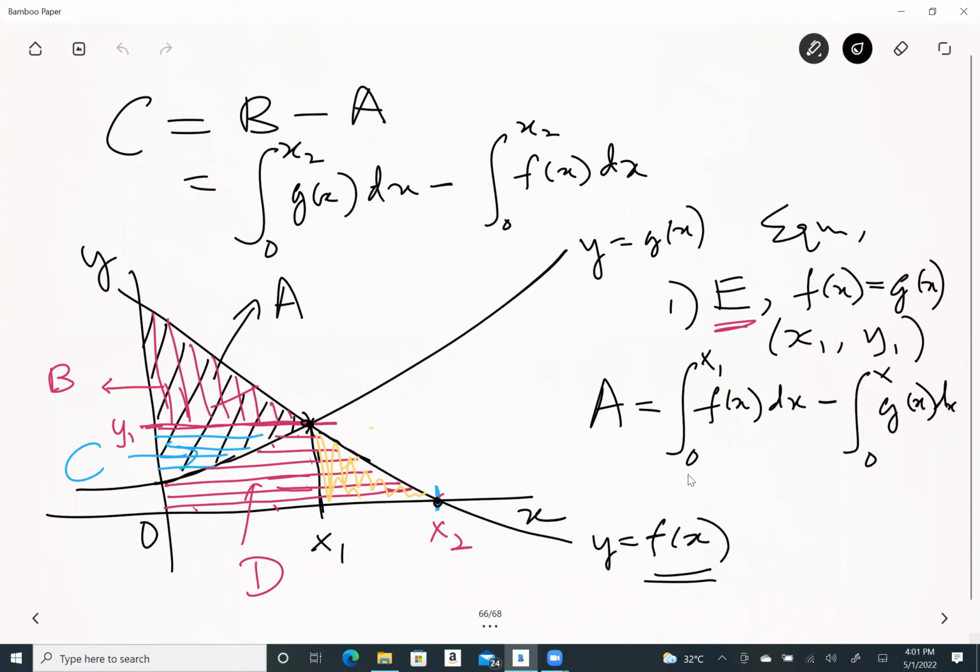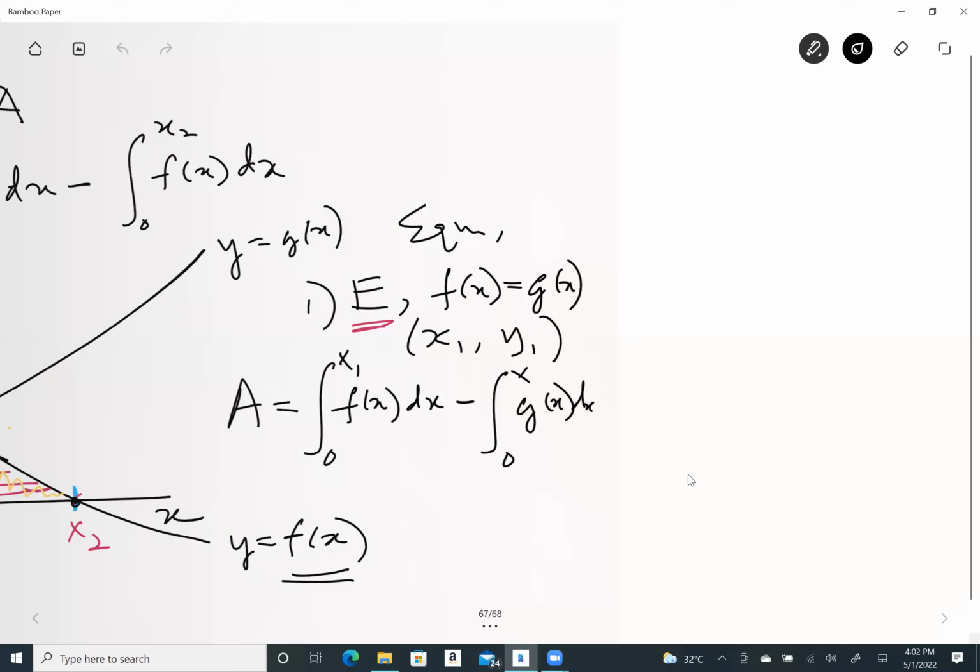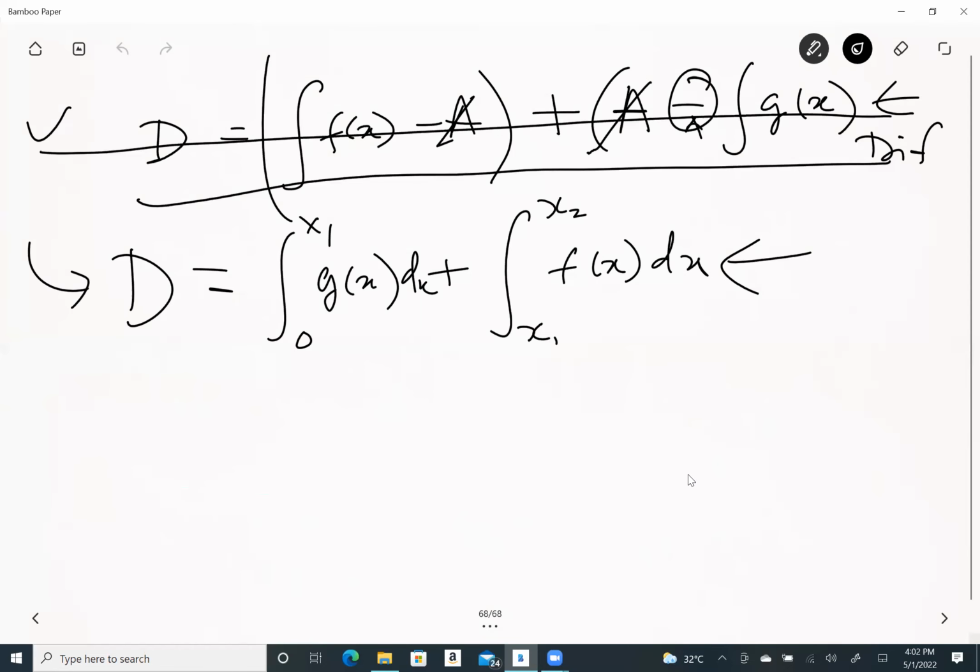Right? That is area A. So what I said earlier can be used, because what I thought was area A was the area under f of x from 0 to x1. But I was wrong. A was not that. Okay, thank you. So this can be used. To get D, this is the right one. Okay, anything else?